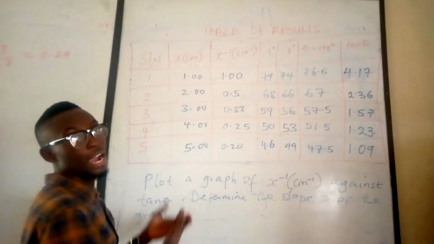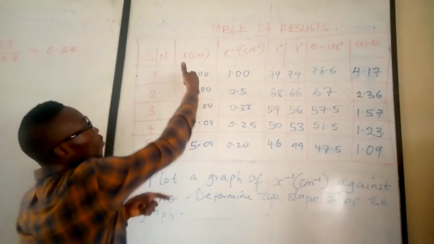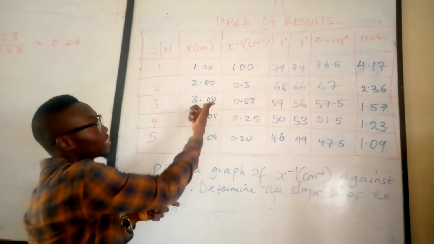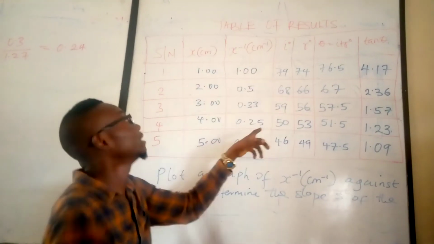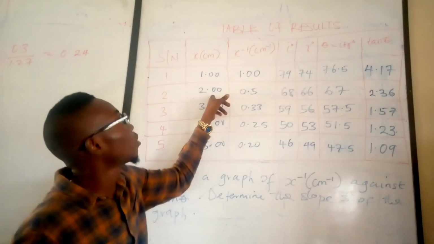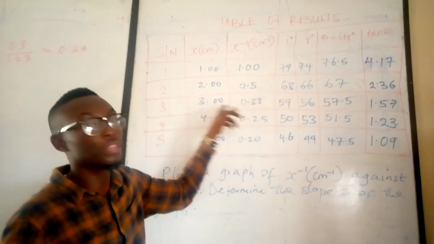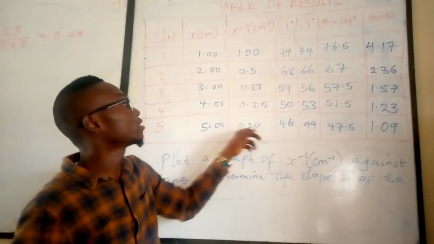This is the table of our results. Here is showing the 1 centimeter, 2 centimeter, 3 centimeter, 4 centimeter, 5 centimeter. Then x inverse is showing the inverse of x. Inverse of 1 is 1, inverse of 2 is 0.5, inverse of 3 is 0.33, inverse of 4 is 0.25, inverse of 5 is 0.2.